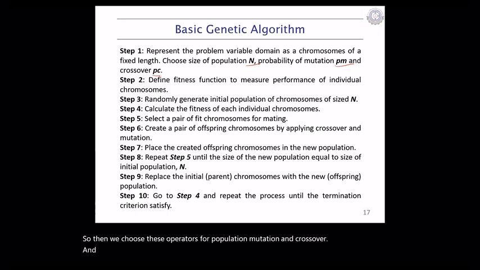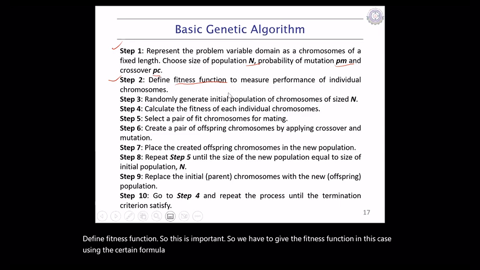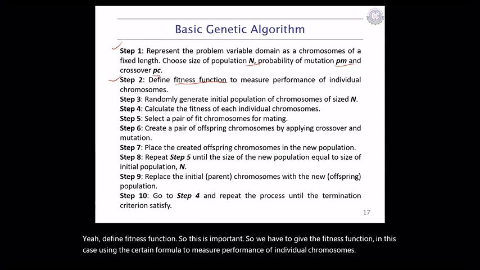And second step, define the fitness function. This is important. We have to give the fitness function, using a certain formula to measure the performance of individual chromosomes. That is step 2.